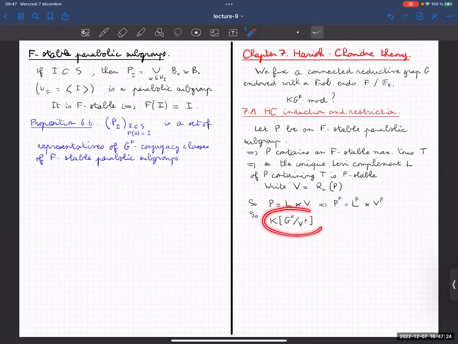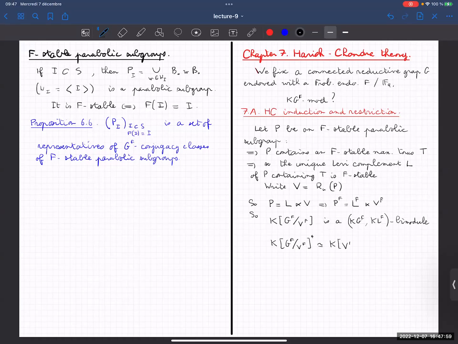In particular, this permutation module becomes a KG^F-KL^F bimodule. And as we saw in the case of SL2, its dual is isomorphic to the set of classes in the other direction, as a KL^F-KG^F bimodule.